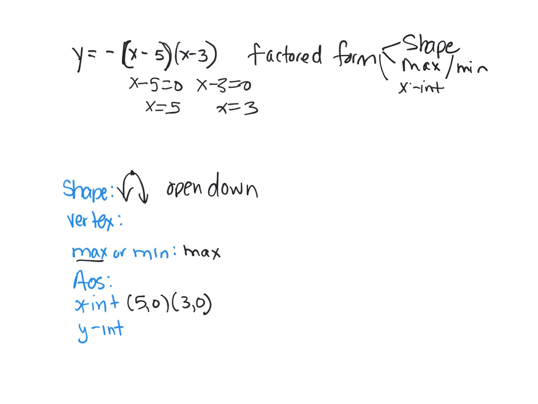Now, the next thing I want you to do is I want you to take and multiply. And remember that when we move from factored form into standard form, we do that multiplication, and you can do that multiplication either by distributive property or by the square method.